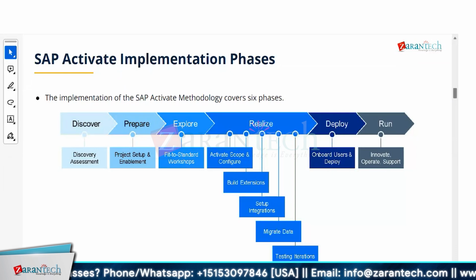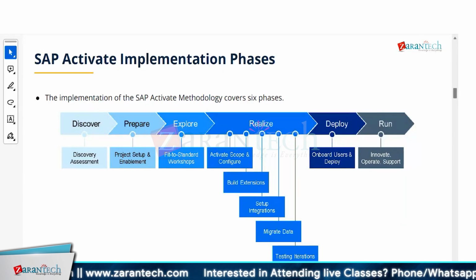There will be tasks, whatever tasks are supposed to run in the discovery phase or prepare phase, all of those are available in these roadmaps. It's not like only the discovery or preparation phase has the related tasks or setup. It covers all 6 phases of your implementation.